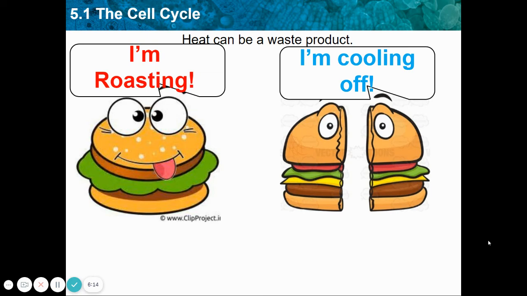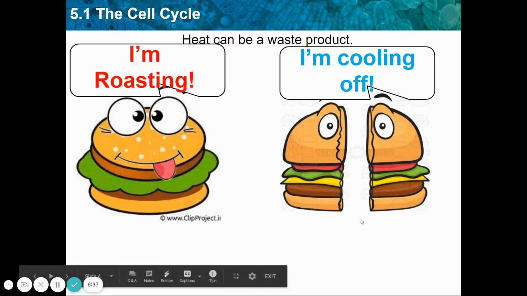So if I go to a family dinner, or if I go out to a restaurant, let's say I order this nice hamburger, which is going to be really hard to eat with my mask on. But if I order this nice little hamburger, I don't want to eat it screaming hot. I don't want to burn my tongue. I don't want to burn the roof of my mouth. I just want to eat my food. So the first thing that I'm going to do is I'm going to cut it in half.